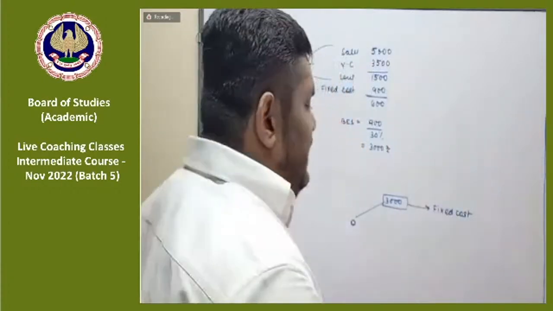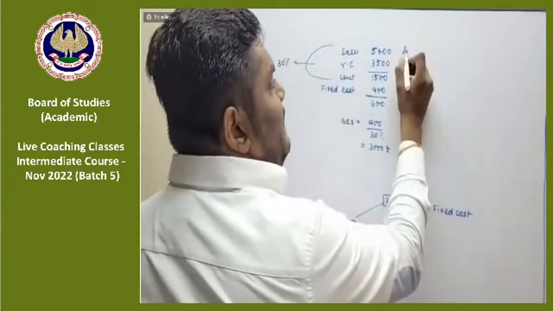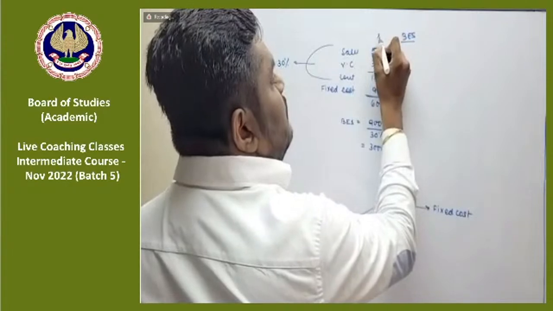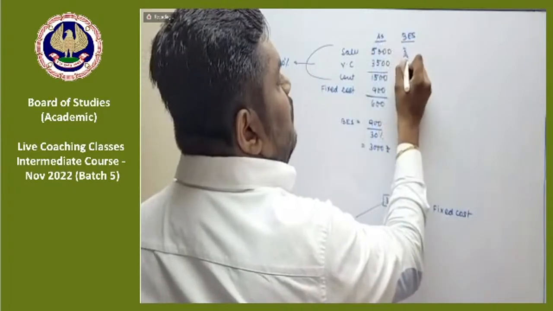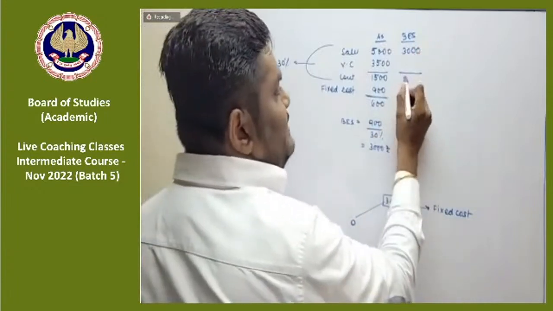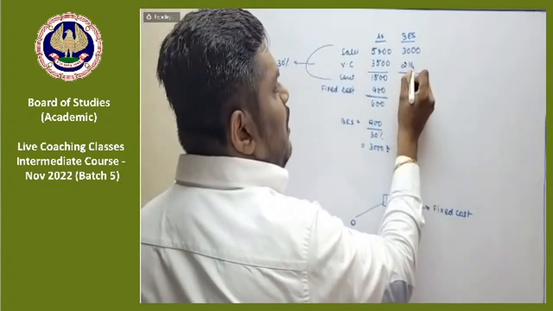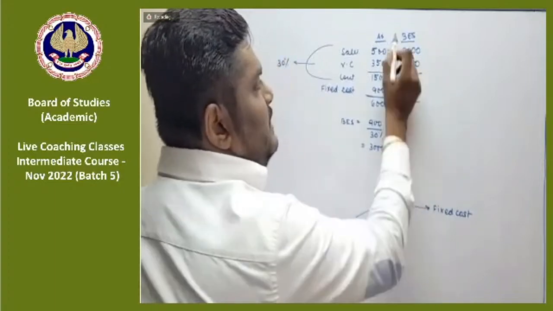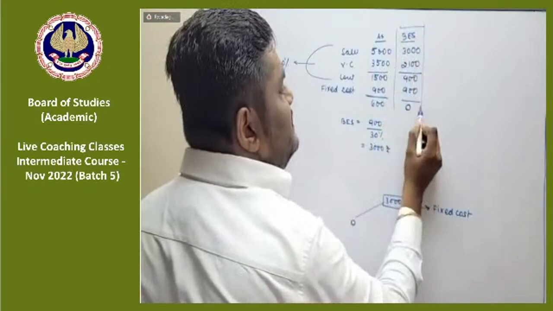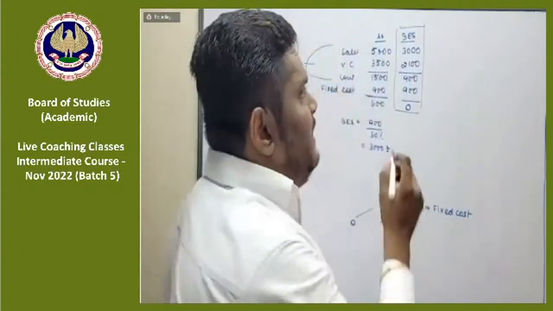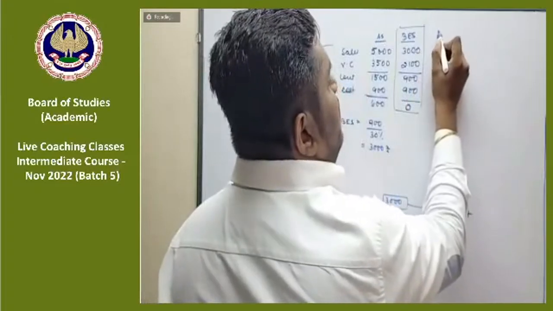So guys, here in this case, let's say my break-even sales is 3,000 rupees. So 3,000 into 30%, that is 900, is my contribution, and I'm recovering my 900 as fixed cost, so my profit is 0. This is my break-even sales. Now, how much extra sales are we making? Very simple.